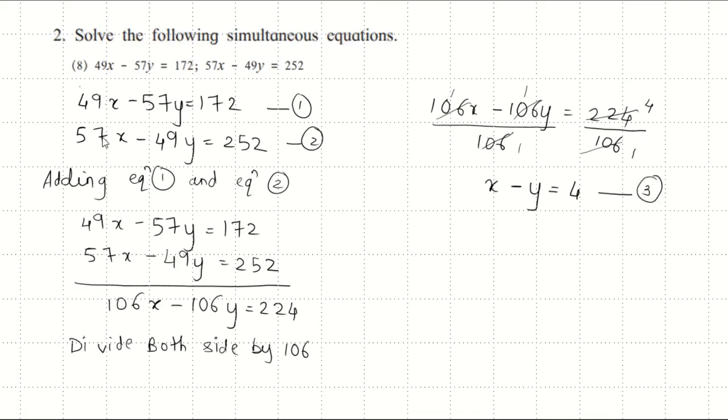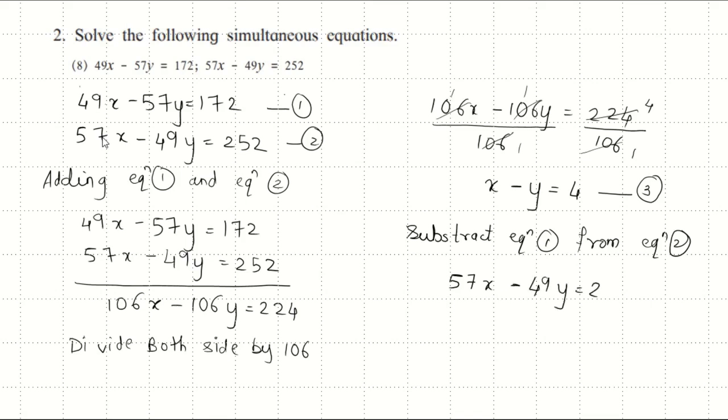Now subtract equation 1 from equation 2. Write down the second equation, 57x minus 49y is equal to 252.